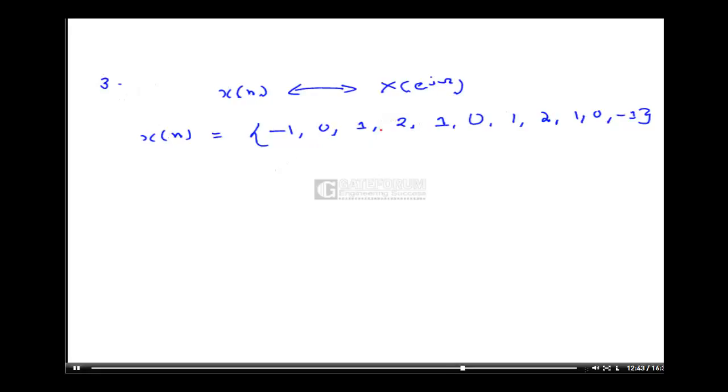Okay, and the origin point lies at 2. From this, the first question will be: X of e to the power j0 is equal to question mark.